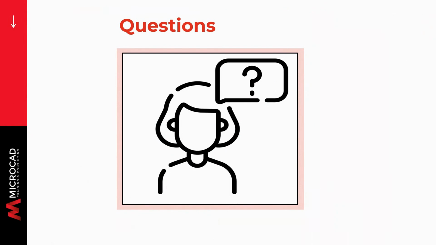Okay, the first question is, can I start working collaboratively in the cloud with my AEC collection seat? Well, this is something important. With the AEC collection, you get access to Docs, which is part of the ACC platform.